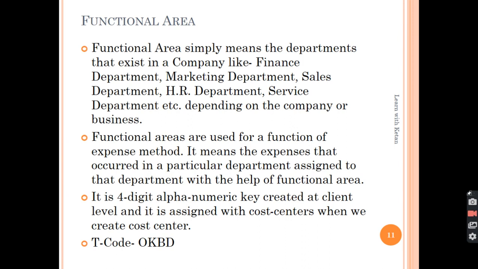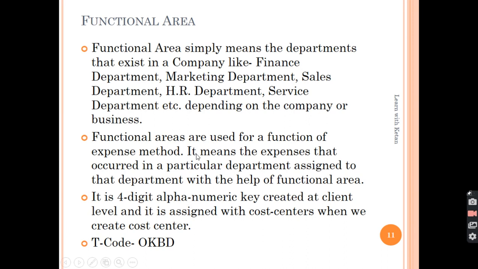Here functional area is defined at cost center master data. If you define the functional area in cost center master data, at the time of posting you have to only pick cost center, and system will derive functional area automatically. To create functional area, the T code is OKBD.